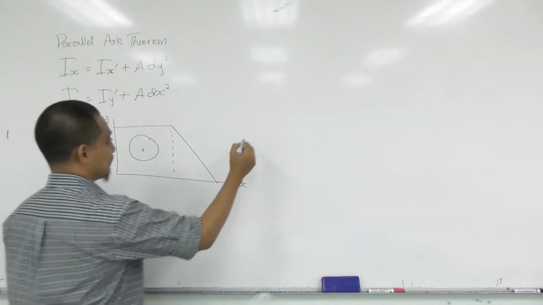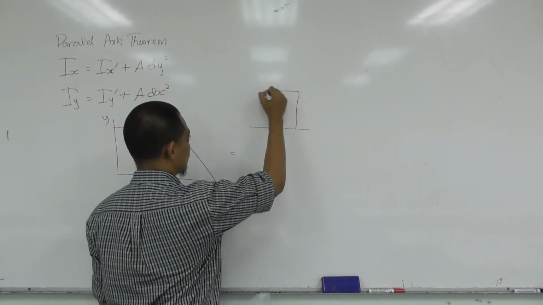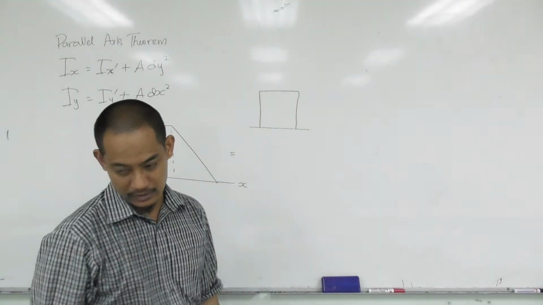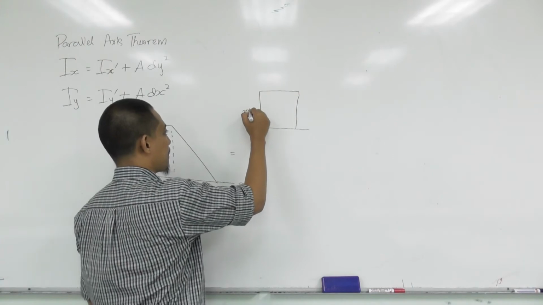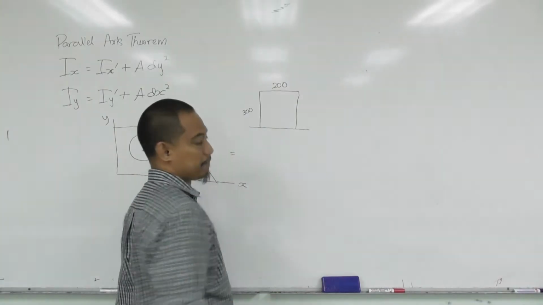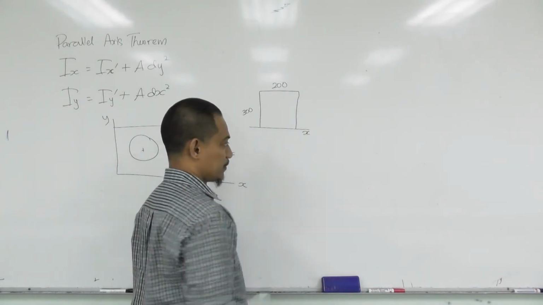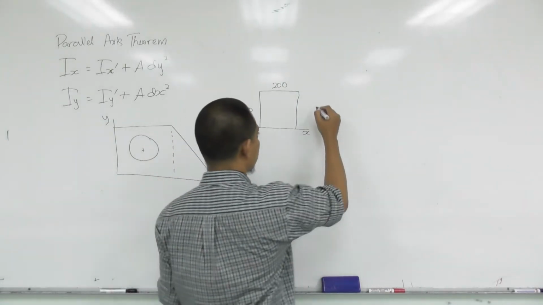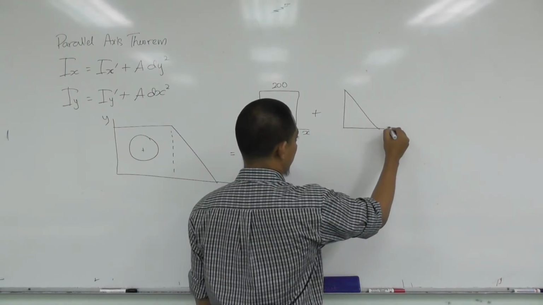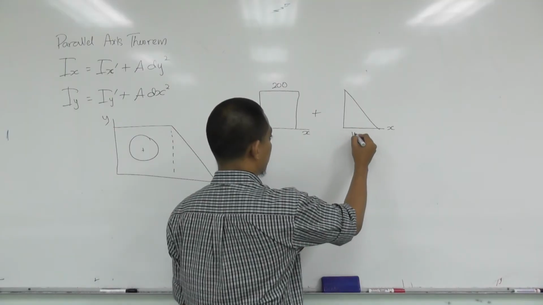So first the rectangle. So this is the x-axis, and you have the rectangle like this, right? And it's basically, this is 300 and this is 200, right? And this is x. And then you have to add the triangle there, where it has x there also. So this one is 150.